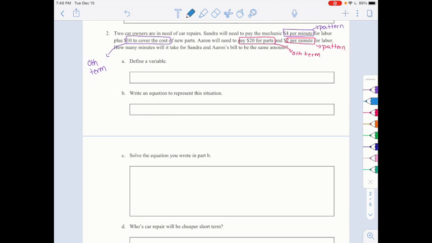The question is asking how many minutes, so that's going to be the variable. And it wants to know when they're going to be the same amount. Same amount means equal. Right, so start off with our variable. We can say m equals number of minutes.